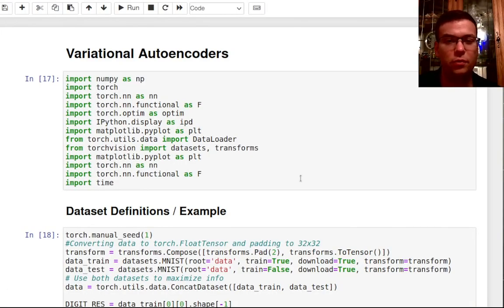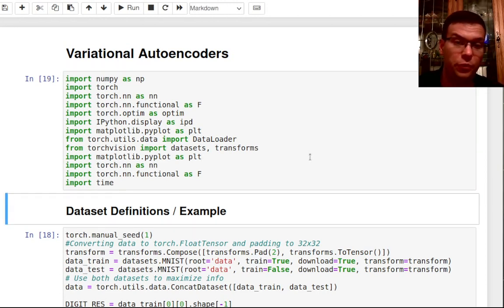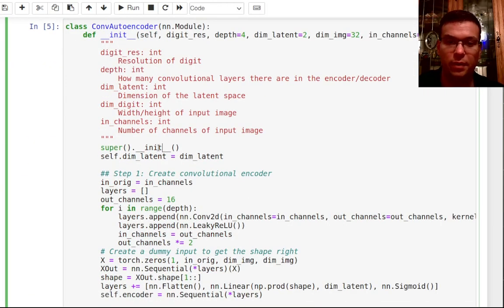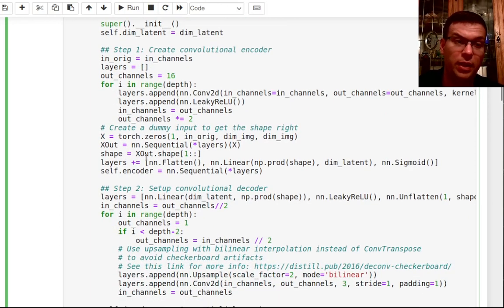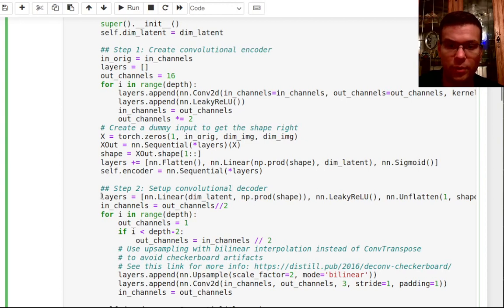Okay, let me see if I can code this up now. I just copied and pasted the autoencoder code that I already had, because it turns out I just need to make a few little tweaks. So instead of just encoding the latent space directly, I'm going to, for each dimension, encode both a mean and a standard deviation.